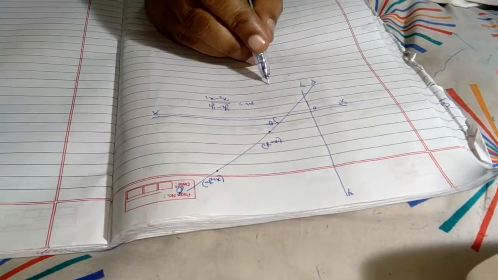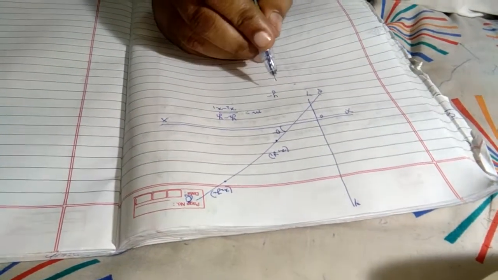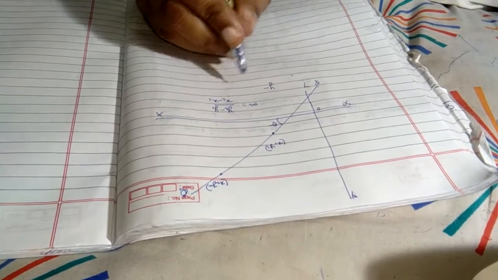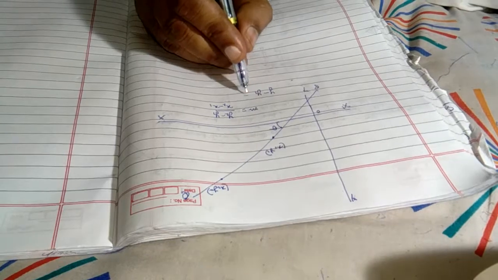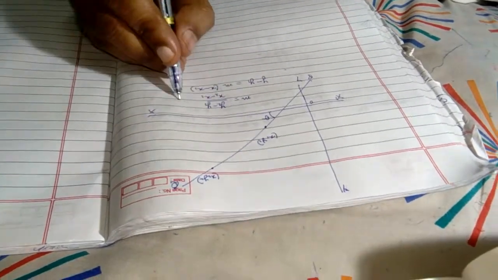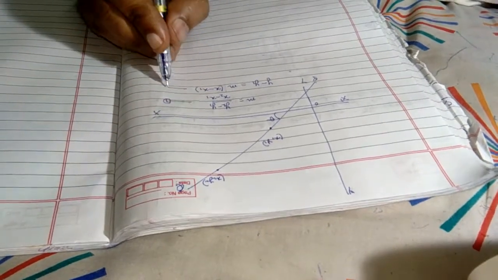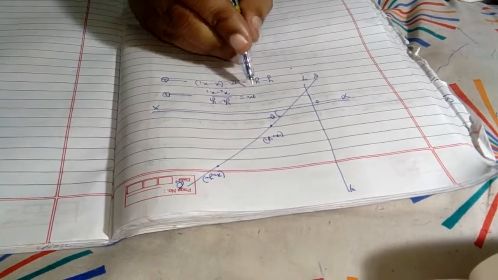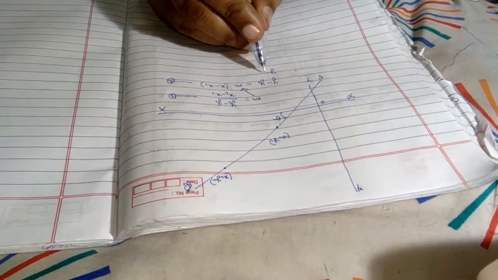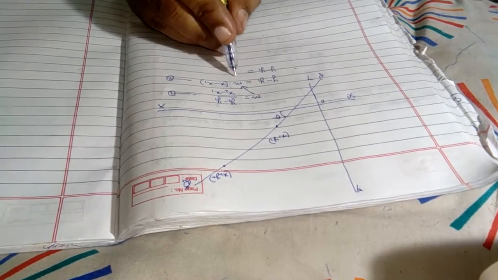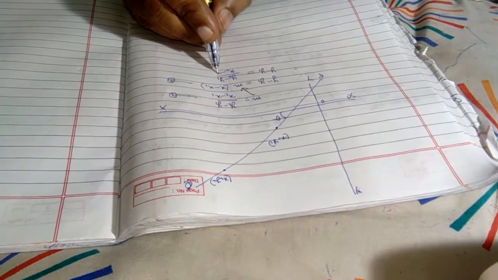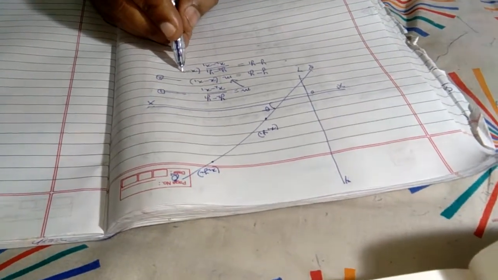Now from the equation of one point form, we know that the equation of a straight line passing through the point x1 y1, and whose slope is m, is y minus y1 is equal to m times x minus x1. So now from these two equations, from 1 and 2, we can substitute the value of m here. So y minus y1 is equal to y2 minus y1 divided by x2 minus x1 into x minus x1.